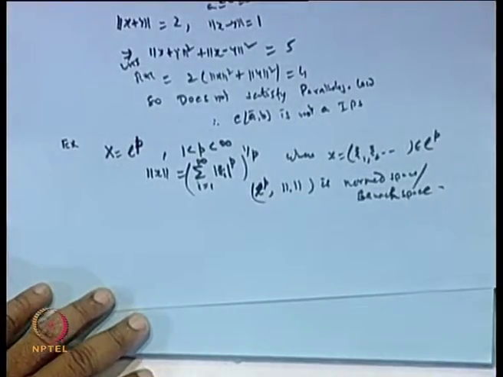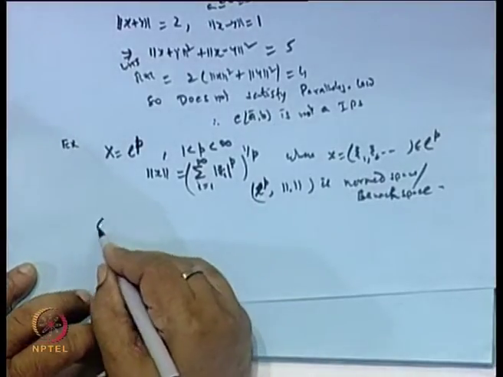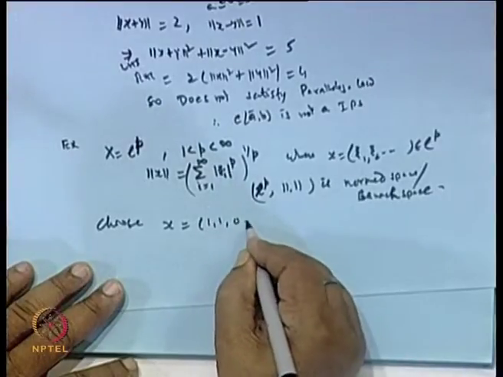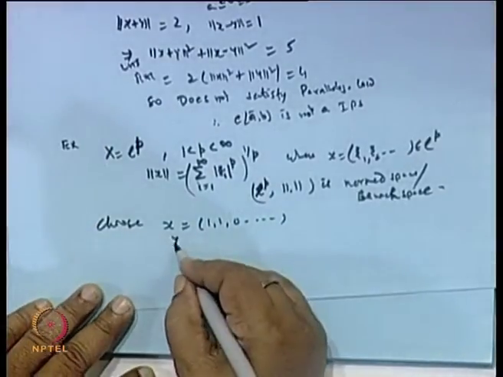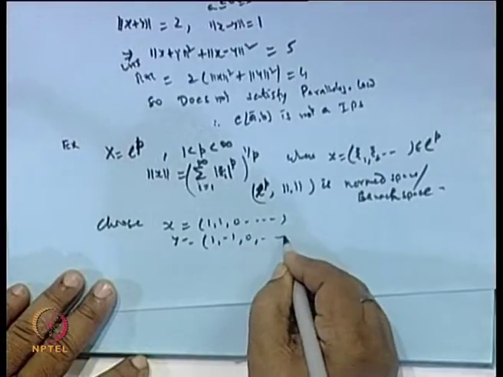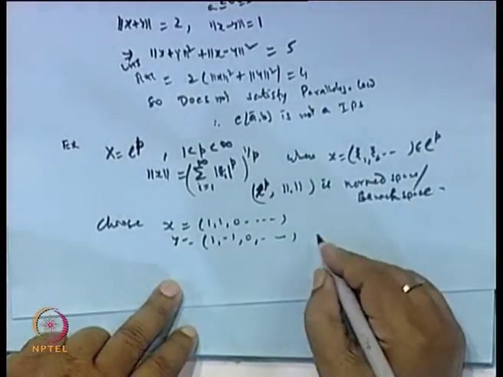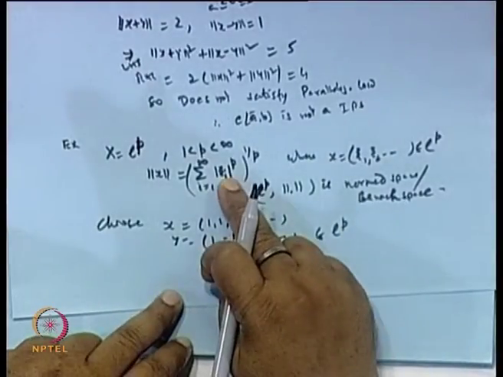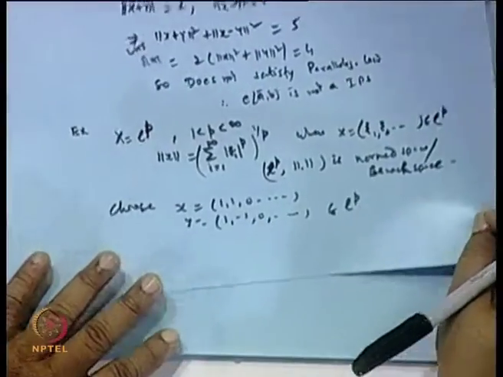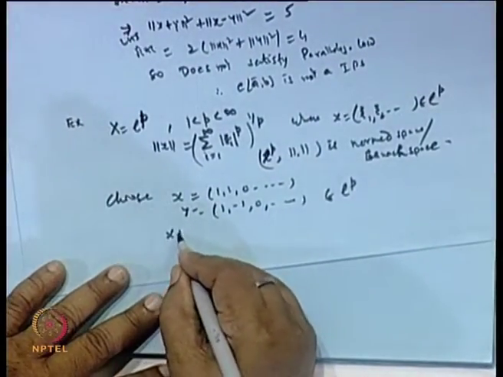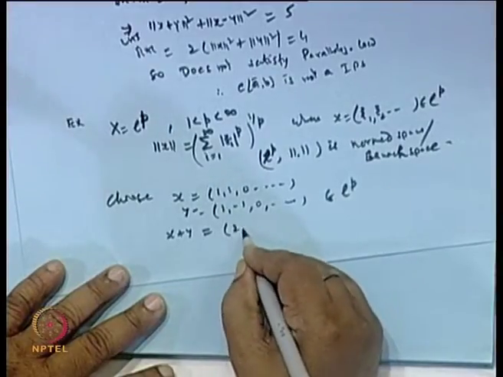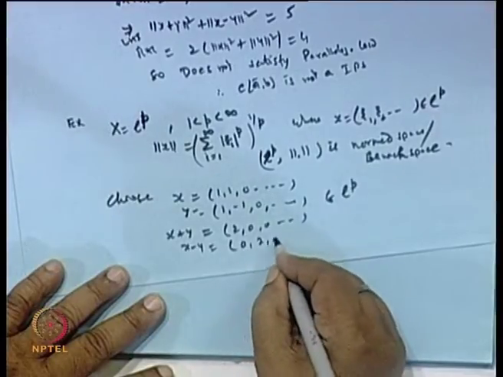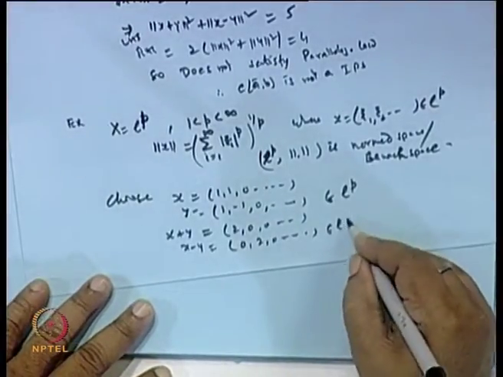Now, if we choose x equal to (1, 1, 0, 0, 0, ...) and let us take y equal to (1, minus 1, 0, 0, 0, ...). Both are elements in L^p because the sums are finite. Now, if we take x plus y, this is equal to (2, 0, 0, 0, ...), and x minus y is (0, 2, 0, 0, ...), and they are also in L^p.